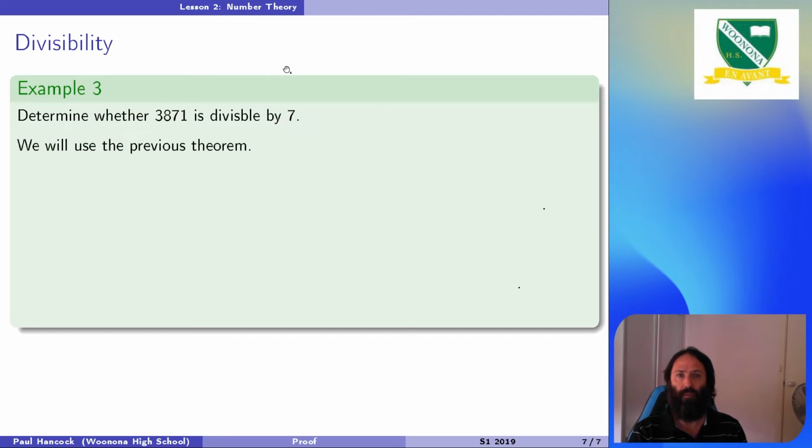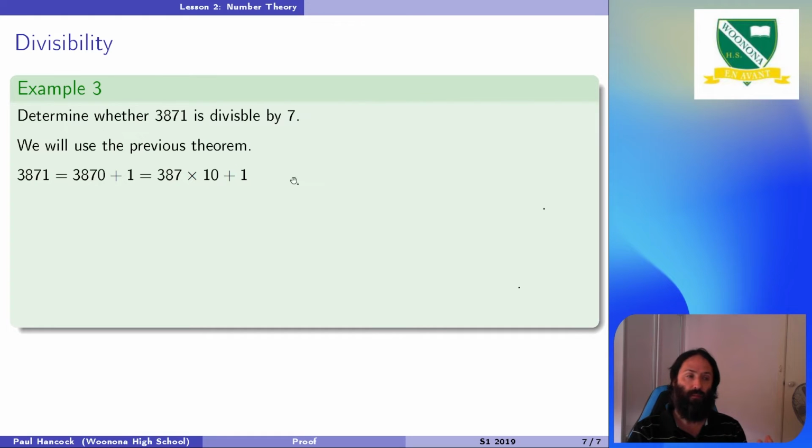Okay, so we can use the previous theorem, and it is a theorem now, we've proven it. What we need to do then is write 3,871 in the right way. We need to write it as 10x plus y. We can easily do that. 3,871 is the same thing as 387 times 10 plus 1. So here's our x and here's our y.